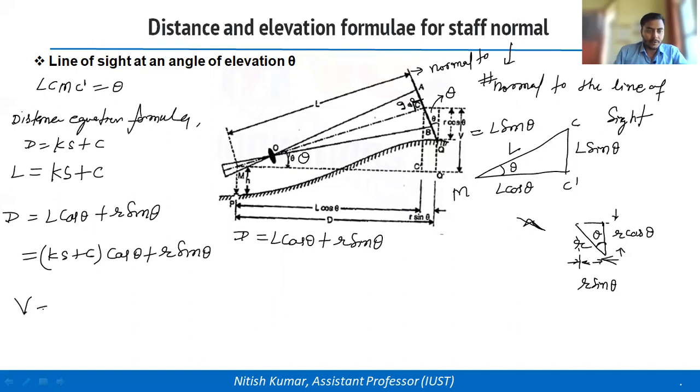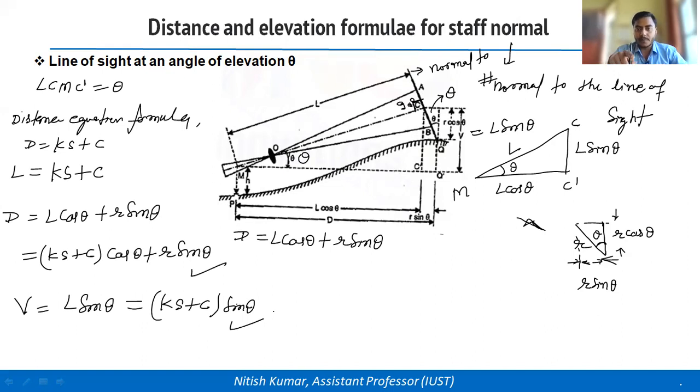Similarly, we can calculate the V also. So V we can write L sin theta. Put the value of L, that is Ks plus C, so Ks plus C sin theta, right?